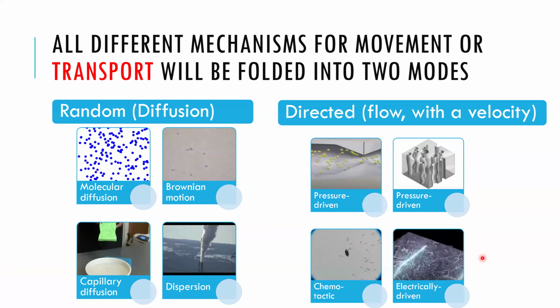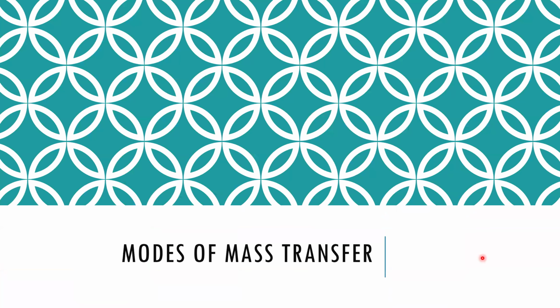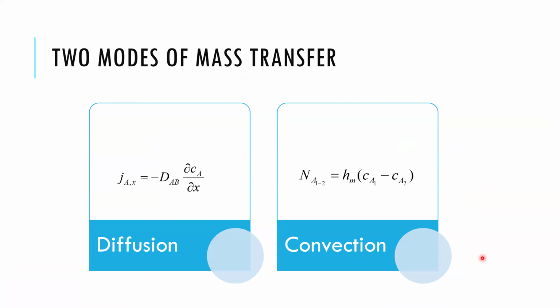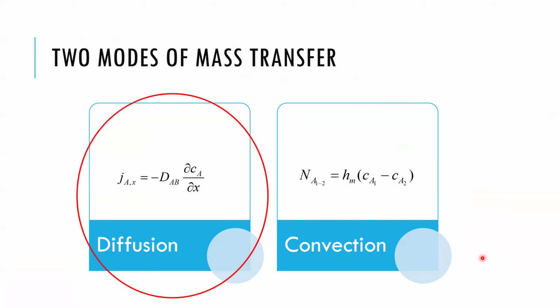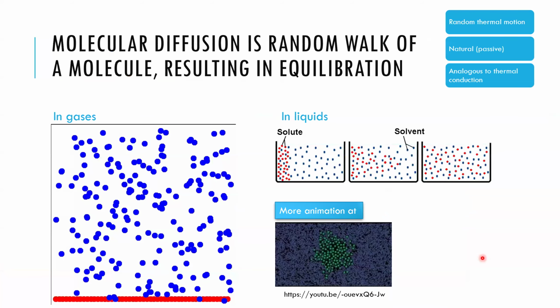Okay, so now we get into the details of the modes of mass transfer. As I said earlier, this chapter is about two of these modes. Like we had conduction, convection, here we have diffusion and convection. And so first, let's talk about diffusion.